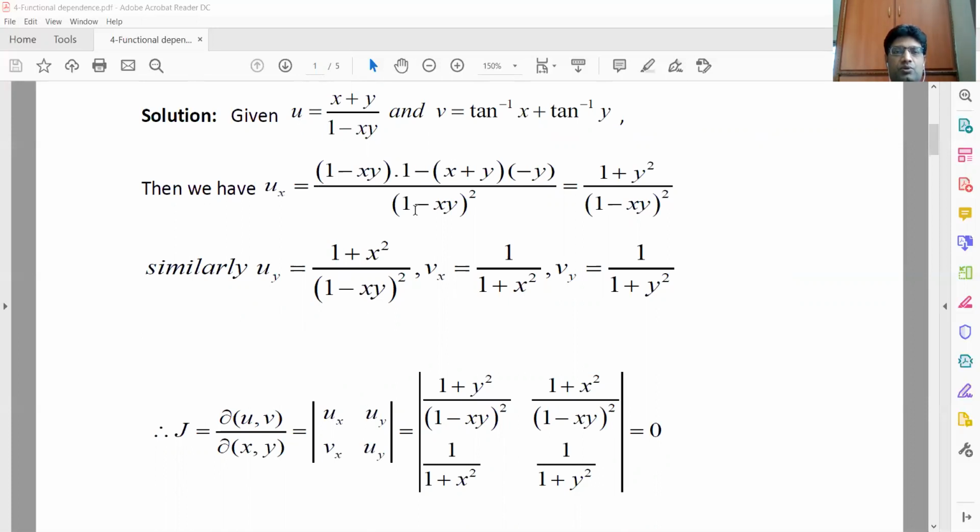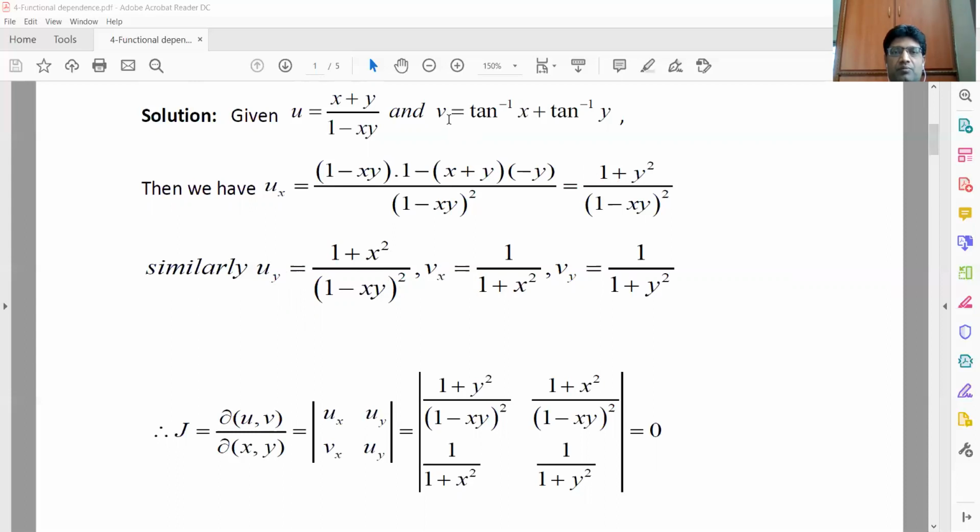We apply the quotient rule: (1 minus xy) whole square in the denominator, and in the numerator, (1 minus xy) times the derivative of x plus y, which is 1, minus (x plus y) times the derivative of 1 minus xy, which is minus y. If you simplify this, the xy terms cancel, and minus of minus y squared becomes plus y squared. Similarly, u sub y you will get 1 plus x squared over the same denominator.